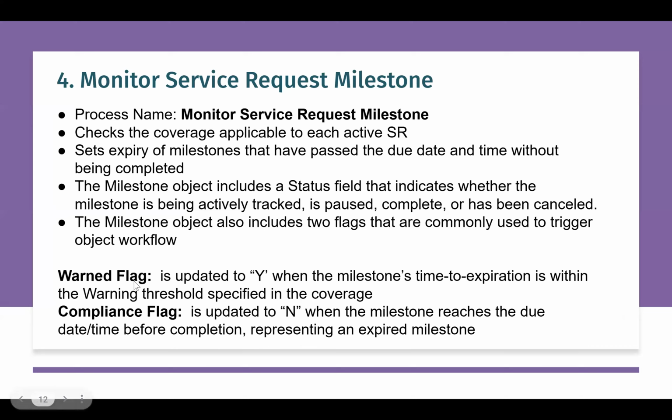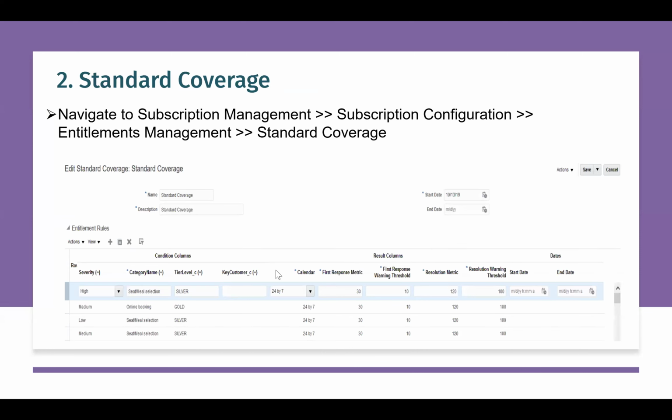Here, the warning flag, if it is Y, means the milestone time to expiration is within the applicable warning threshold. That means if we go here, we have the first response warning threshold, right? The total first response metric is 30 minutes, and the first response warning threshold is 10 minutes.